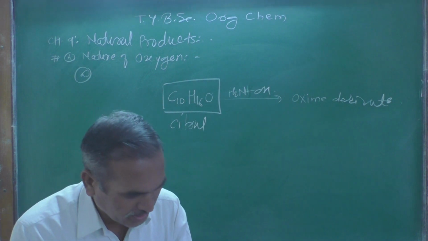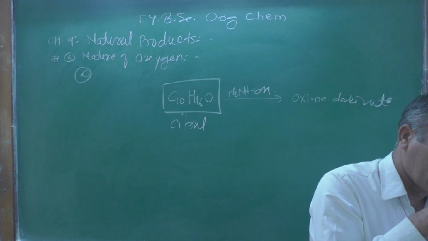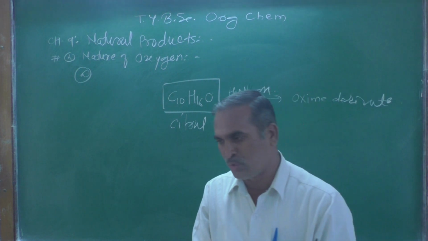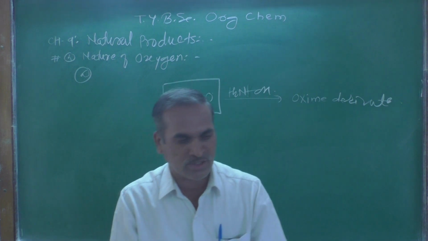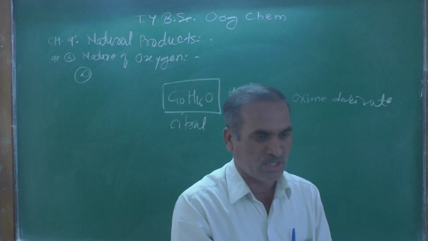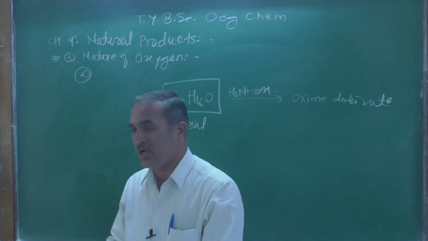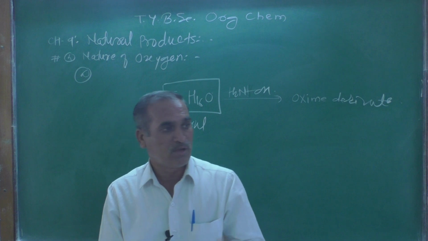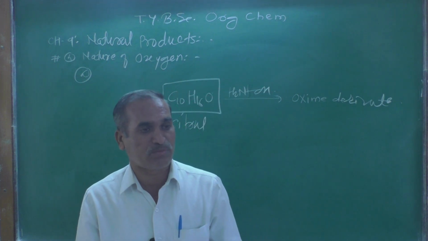When we treated citral with hydroxylamine, it produced the oxime derivative, whereas the same citral treated with sodium bisulfite gives the bisulfite addition product.